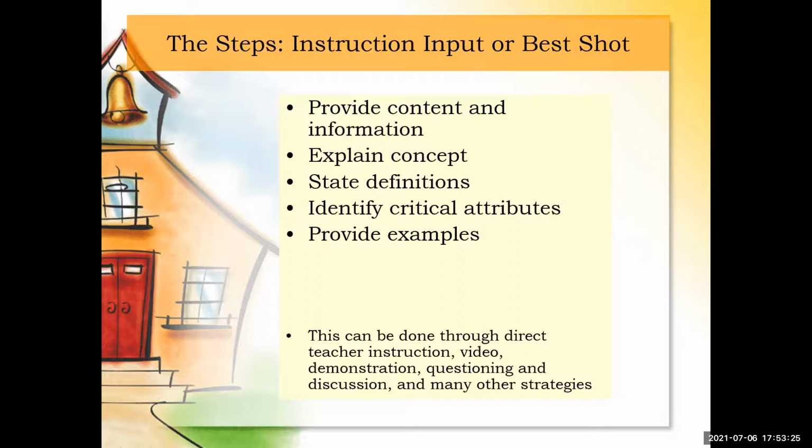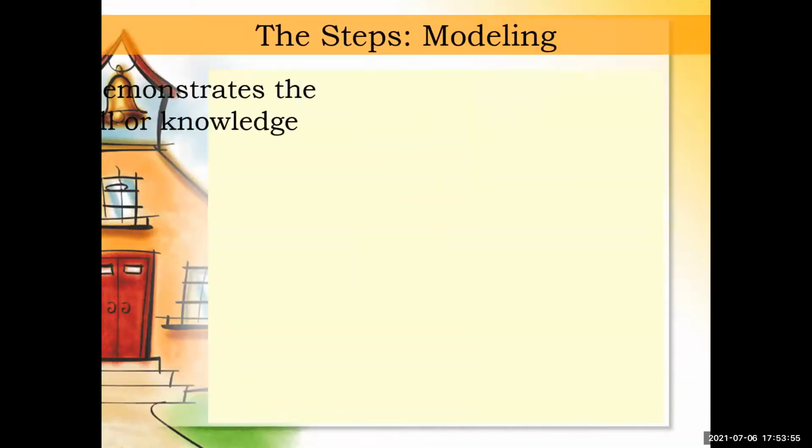You should identify some critical attributes, and you have to provide some examples. This can be done through your direct instruction, or this can be done by the help of the video, pictures, demonstration, questioning, discussion, and many other kinds of strategies. It depends on your understanding, on your method, way of conducting your lesson.